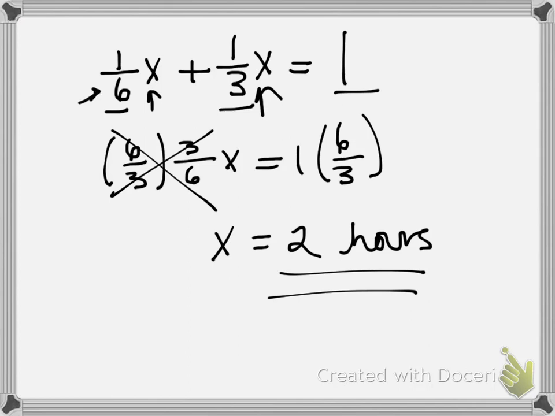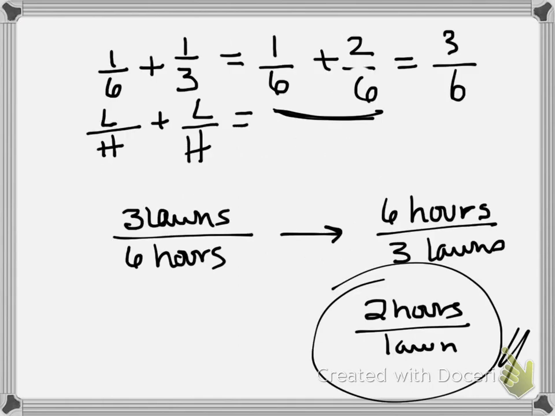So this is like a distance equals rate times time problem. 1/6 of a lawn per hour times the number of hours gives me the amount I get done. There is a formula that we can use, but we're not going to look into that formula right now. We're just going to think about this process of combining our rates together.